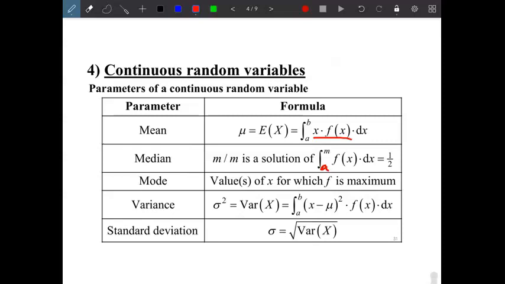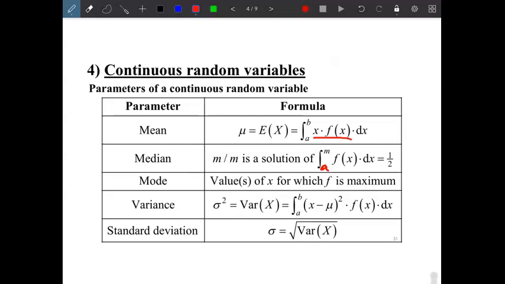As for the mode of the random variable, it would in fact be similar to discrete random variables, where we used to define the mode as the value of the variable with the maximum probability. It's the value that is most likely to occur.